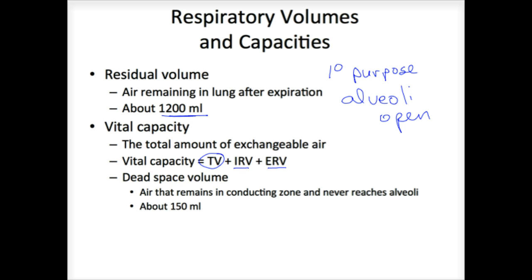The last one is what's known as the dead space volume. And in essence, it's just air that stays in the passageways that never really makes it down to the alveoli, never makes it to the actual gas exchange area. This dead space volume is usually 1 mil per pound of body weight.